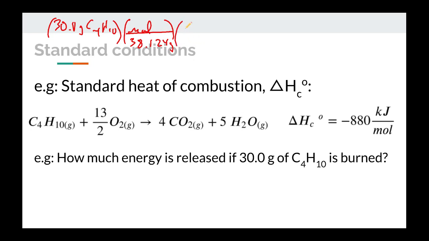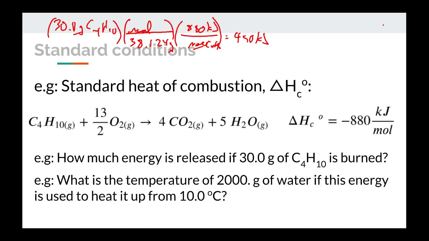And then 880 kilojoules are released for every mole. And so when we do this calculation, moles are going to drop out, so are grams. And this is per mole of C4H10. So this will give us just kilojoules. So 450 kilojoules were released when that 30 grams burned.